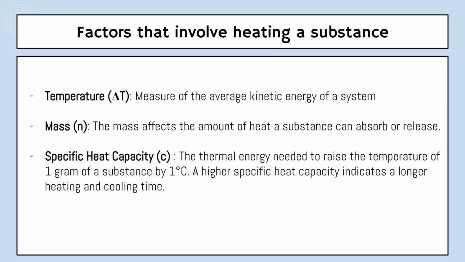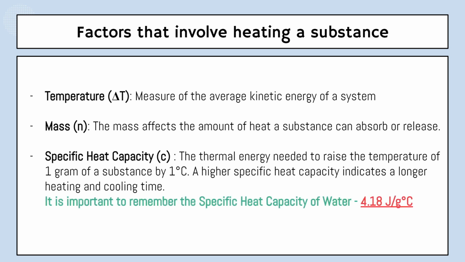The specific heat capacity tells you how much energy is needed to make the temperature of this substance go up by 1 degree Celsius. So you have to remember the specific heat capacity of water, as it will be used in basically every calculation you have.